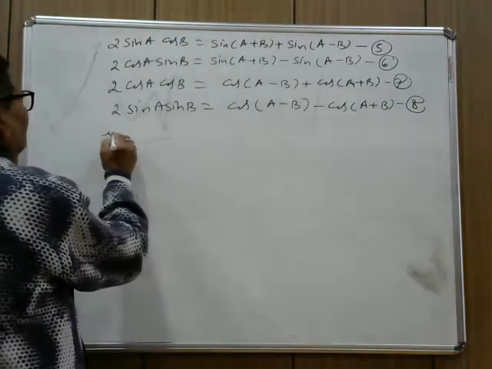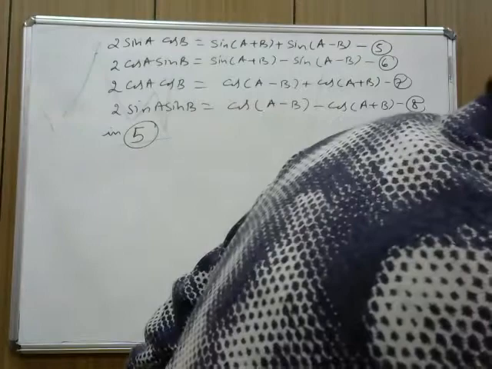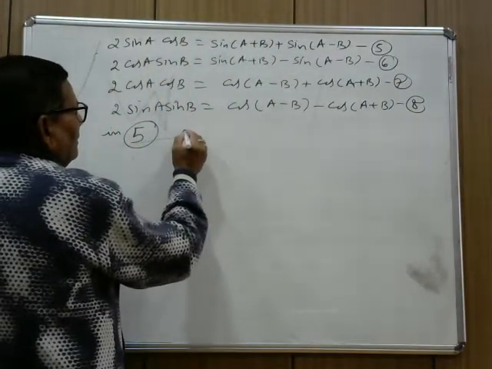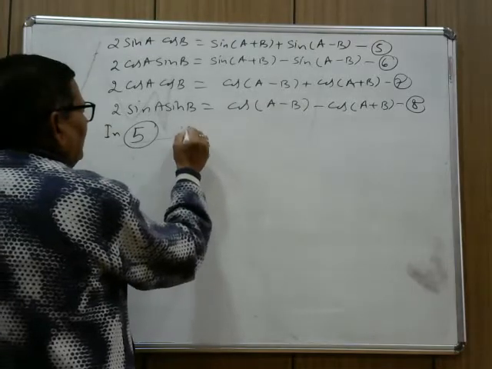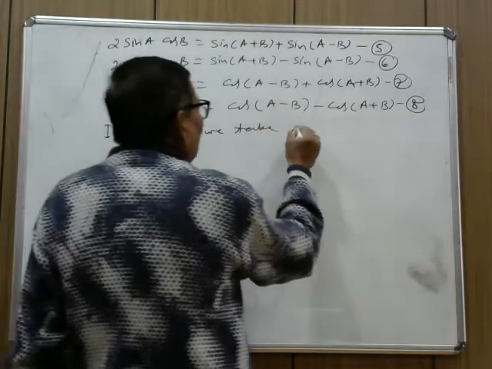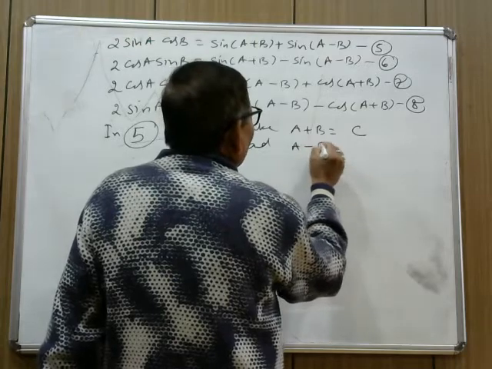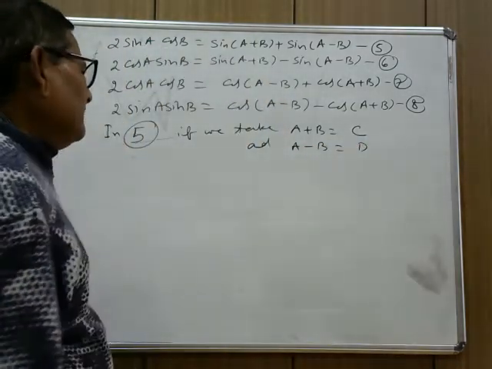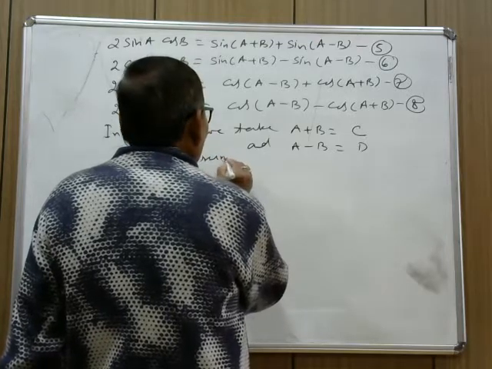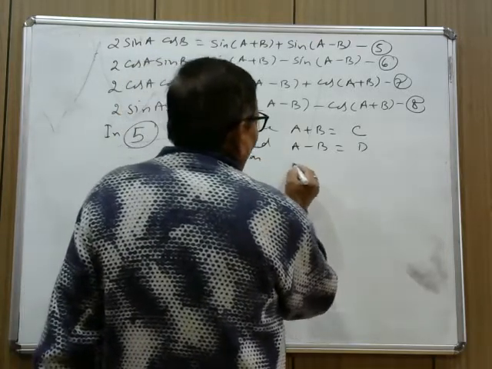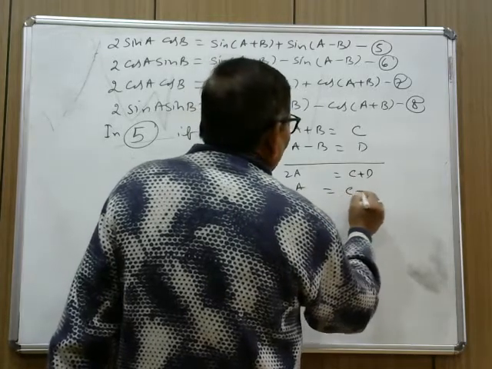In 5, I am talking about 5. In 5, if we take A plus B equal to C and A minus B equal to D, so we can write from these two assumptions, when you add them, 2A is C plus D and A is C plus D by 2.